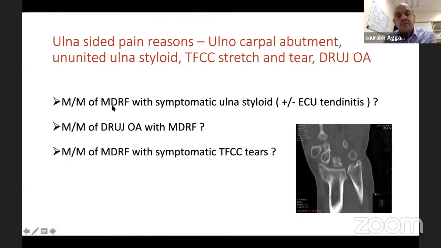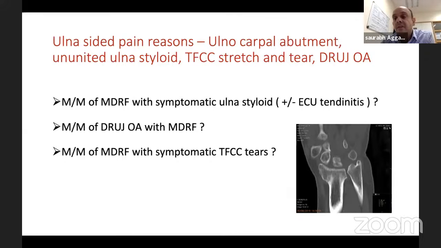So management of a malunited distal radius fracture with symptomatic ulnar styloid, plus minus ECU problems. So how to deal with that? If ulnar styloid is big and patient has pain, you can put a compression screw through it. If ulnar styloid is small, you can excise it and reattach TFCC with an anchor.